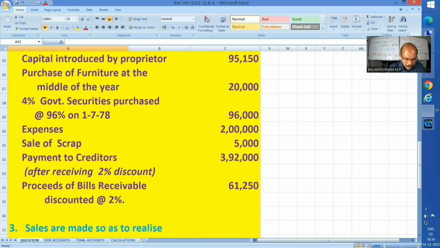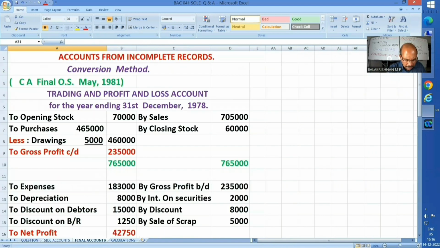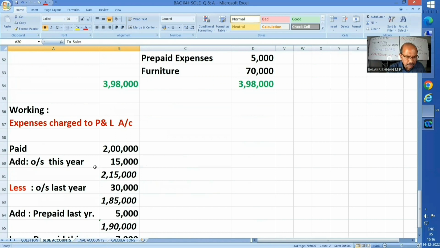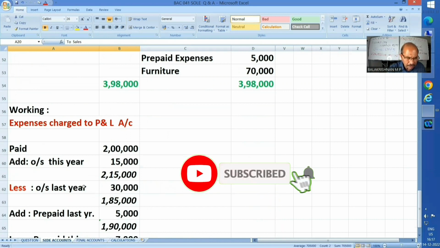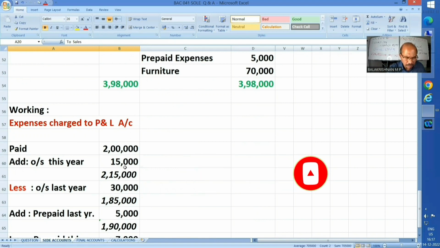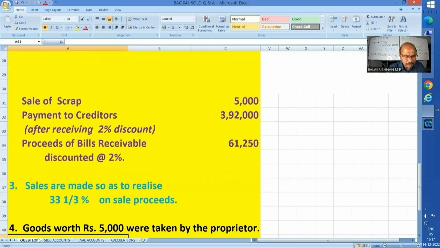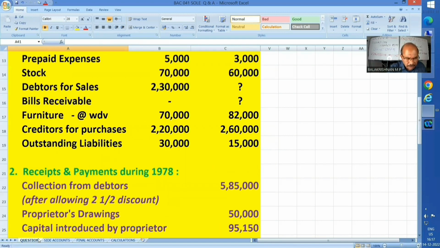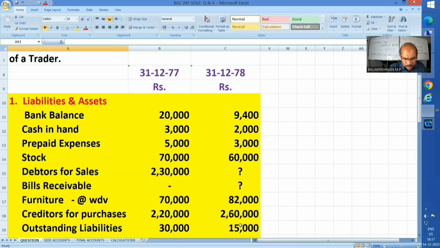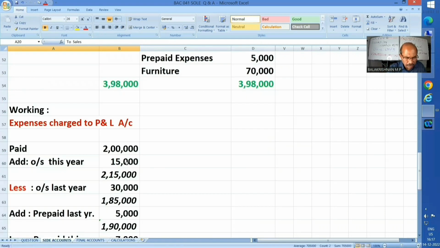That is paid. Out of that, we need exclusive expenditure for the current year. So outstanding this year, we have added. They are categorically told that expenditure outstanding this year is 15,000, last year 30,000. This year's outstanding pertains to the current year, so that is added.